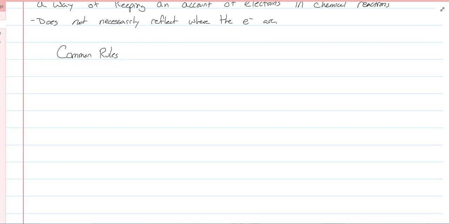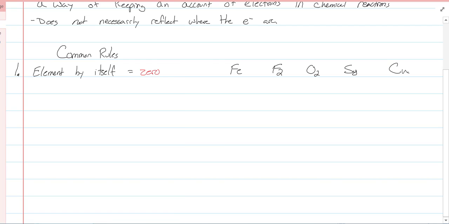from Chem 1. First rule, element by itself is equal to 0. Elements by itself, if I have iron, if I have fluorine, oxygen, sulfur, copper, it doesn't matter. Those are all 0. Same number of protons as electrons.